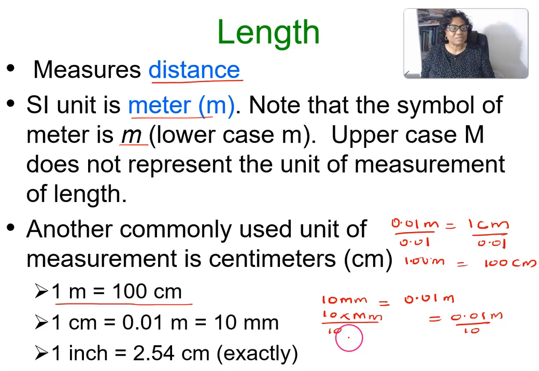So 1 millimeter will just equal 0.001 meters. So this is what I wanted you to prove. So the value of milli equals 0.001.